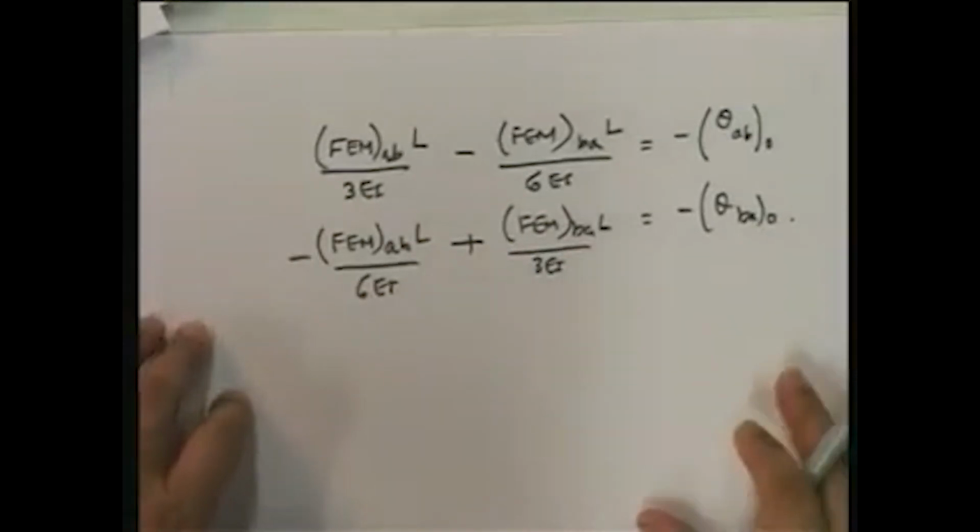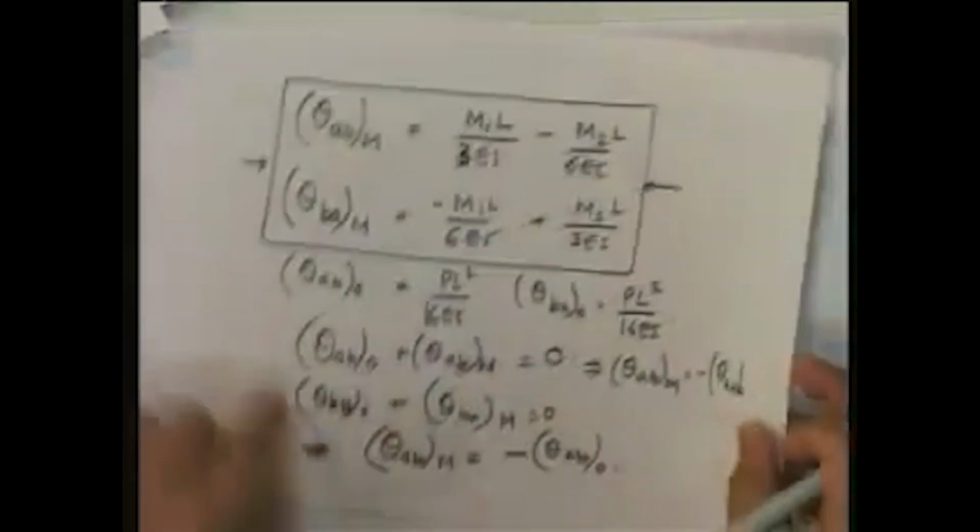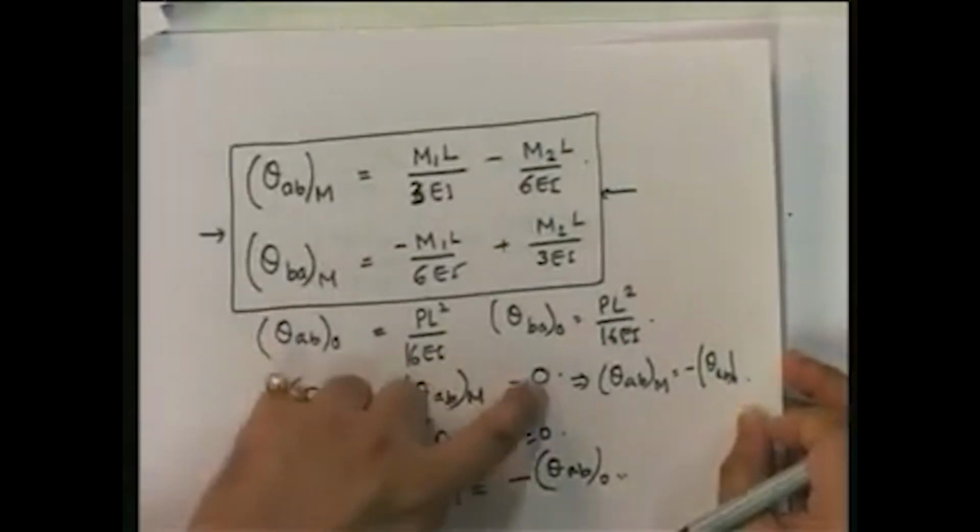This is by definition, because this plus this is equal to 0 for fixed end moments.